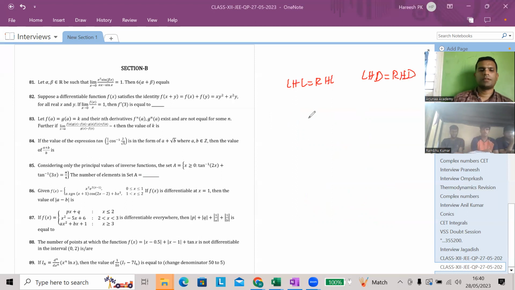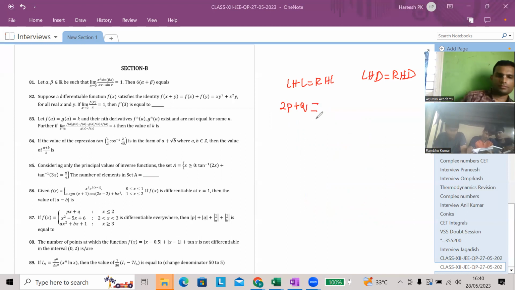You need both. So if we put x equal to 2 here, what do you get? 2p plus q should be equal to what? 0. When you put 2, what do you get? 0. Okay. Now differentiation. What is differentiation of px plus q? p.